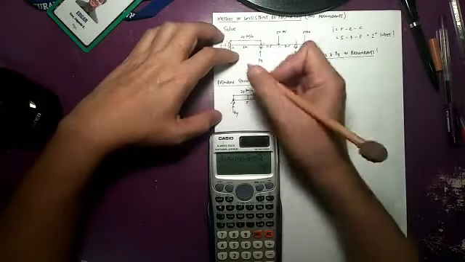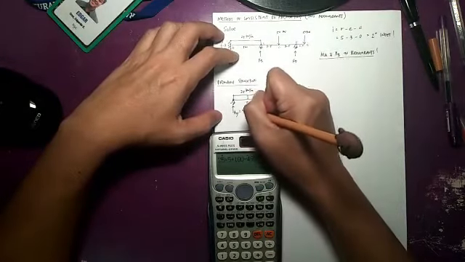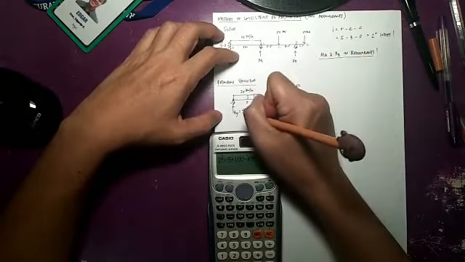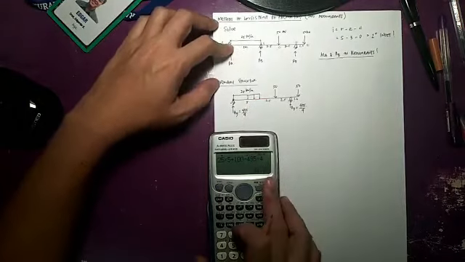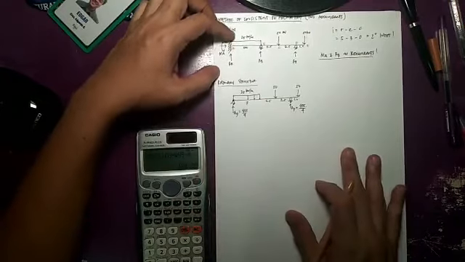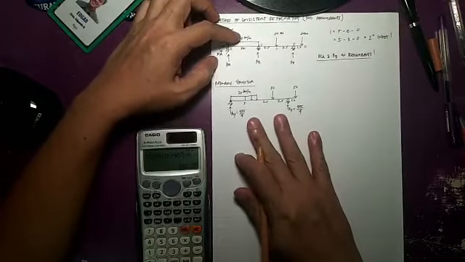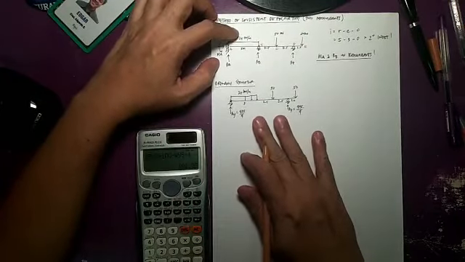So the reaction here is 405 over 4, or simply 101.25.